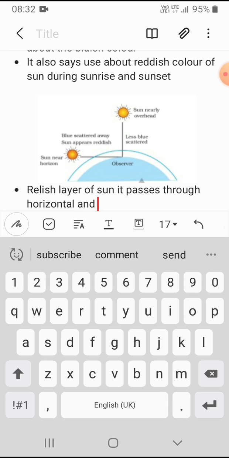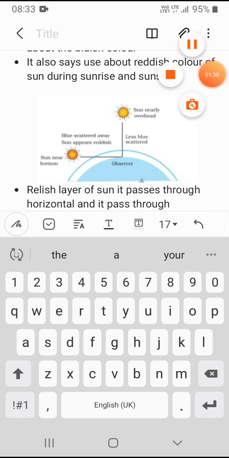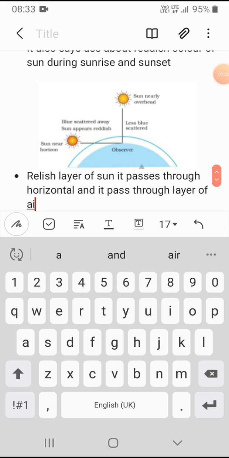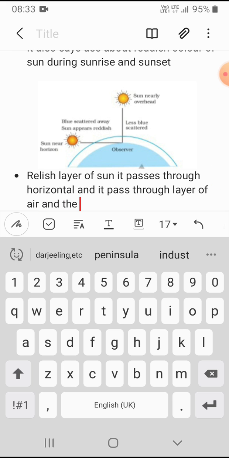It passes through a layer of air and the high layer of atmosphere.